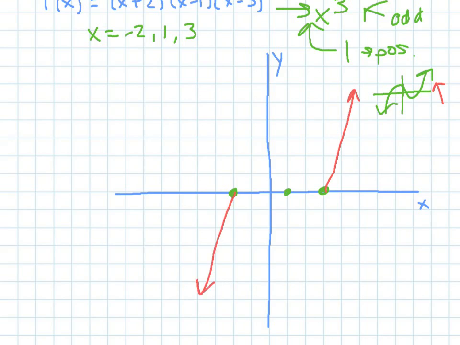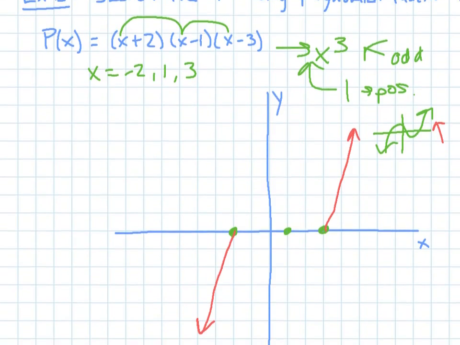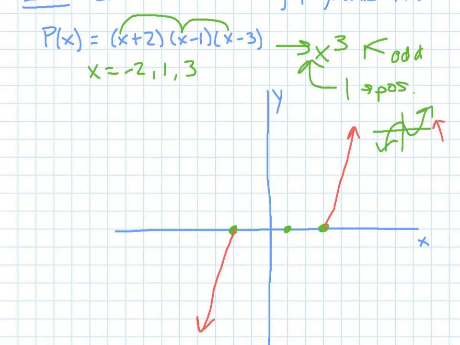Now, because you're crossing the y-axis, to sketch this, I would like you to plug in x is 0, unless it's an x-intercept already given to you, just to figure out what that value is, so you can get some depth.